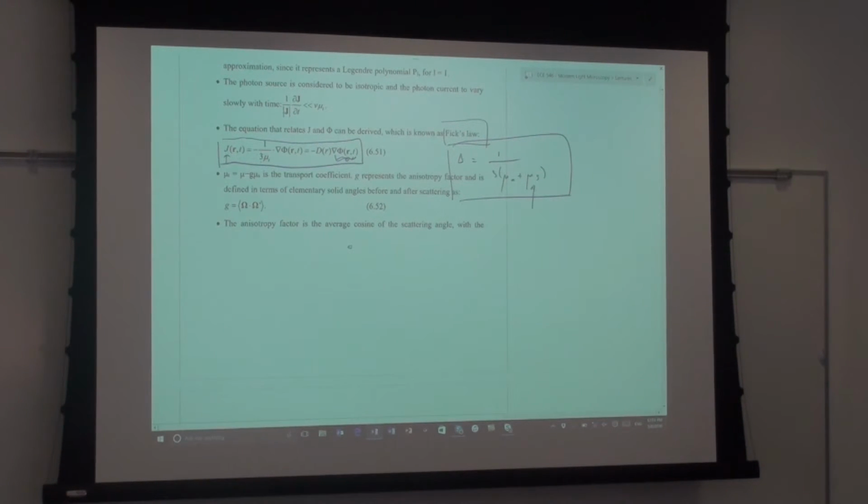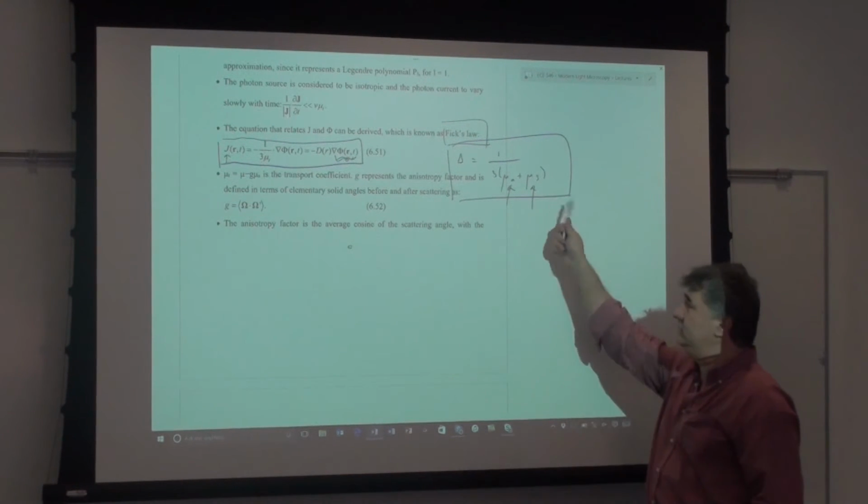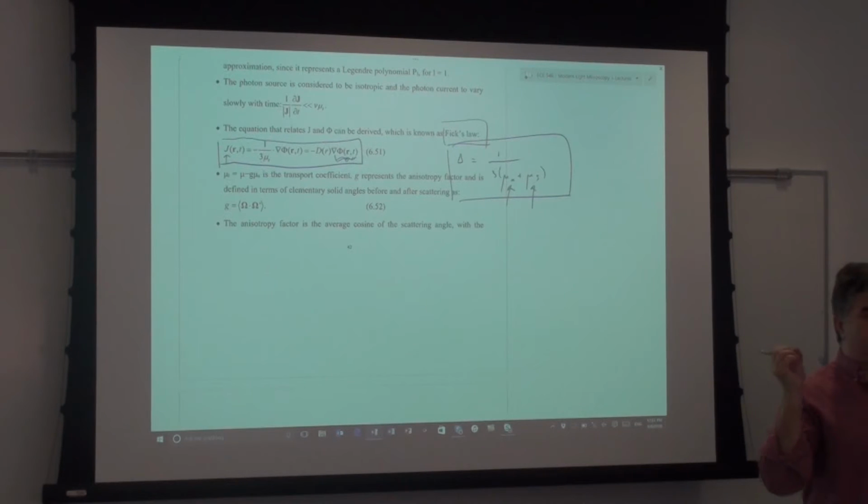So it relates to the scattering mean free path, the absorption length. So let's say I know this for the tissue somehow. So I know D, and now my source is a laser pulse sent to my tissue. How would you solve that problem?